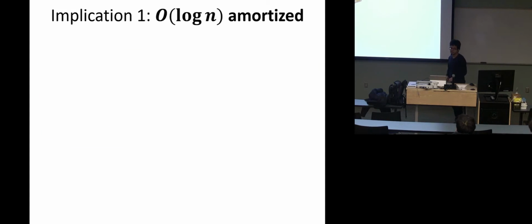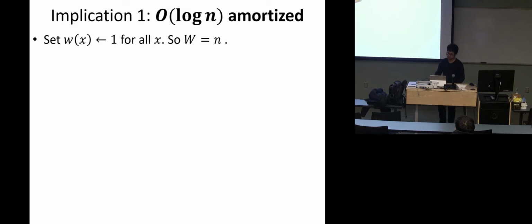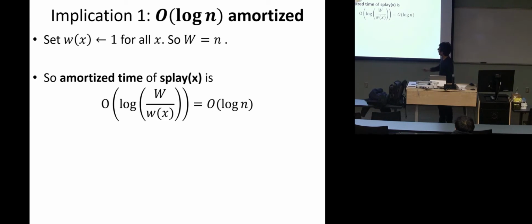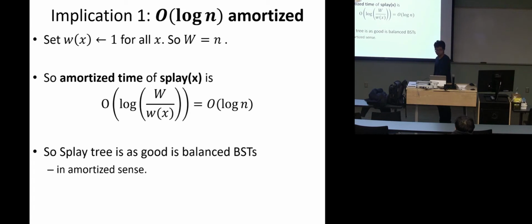The first implication is that the amortized lookup cost is just log n for Splay, meaning that this algorithm is as good as any balanced binary search tree. Why is that? Suppose I set the weight of everyone to be 1. So total weight is n. Now, the amortized cost of splaying any element is log of W over W of x. So that's log n. So Splay is as good as a balanced binary search tree in the amortized sense.